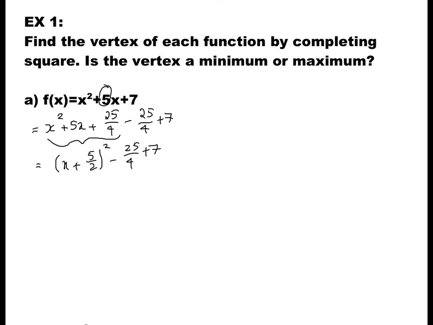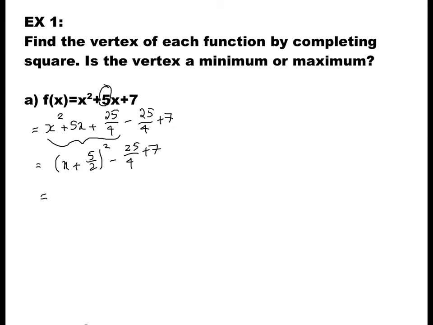Now, if you want to make sure that everything is okay, if we expand x plus 5 over 2 squared, we get x squared plus 5 over 2 squared, which is 25 over 4, plus 2 times 5 over 2, which is 5, times x, which is 5x, which is correct.